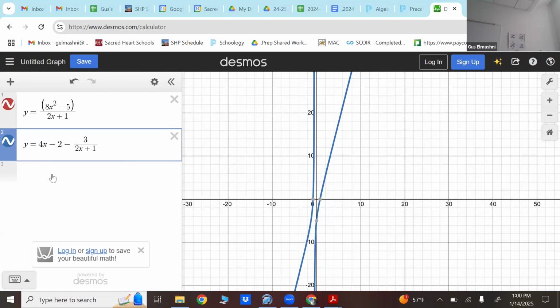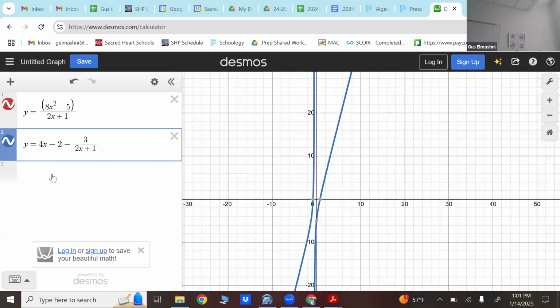Likewise down here. Because think about what happens when x gets bigger. When x gets really big, that fraction pretty much is negligible. It's like 0.00 whatever. So what are you really stuck with when x is really big? 4x minus 2.